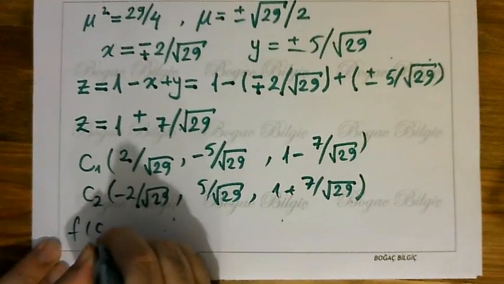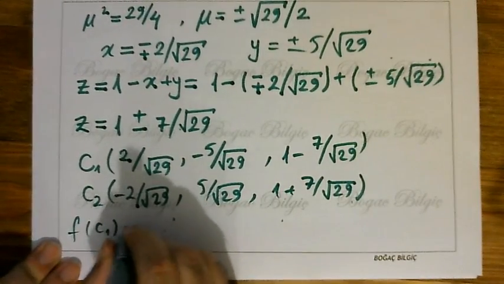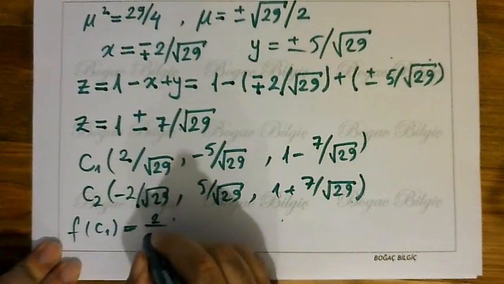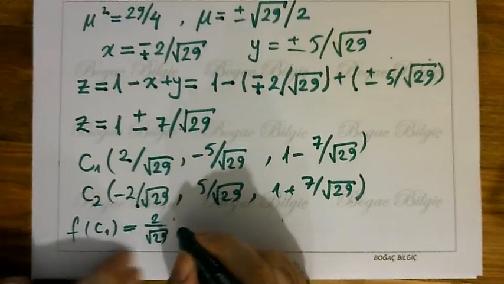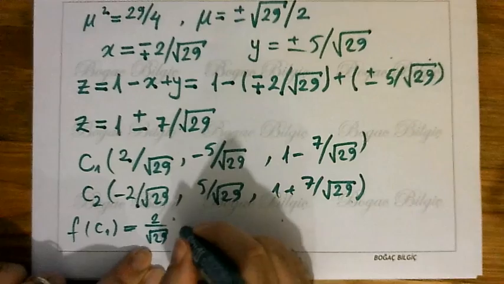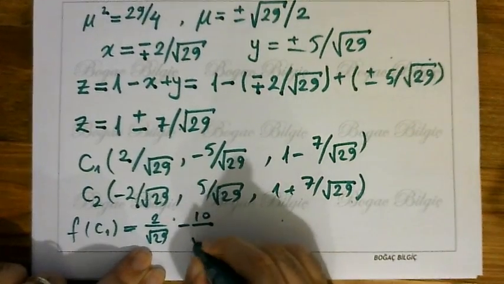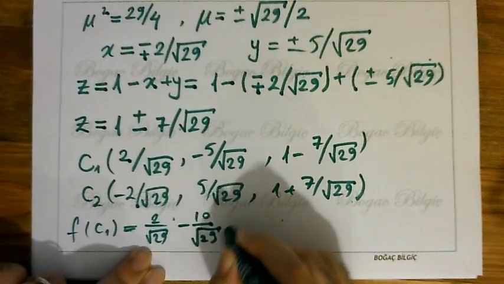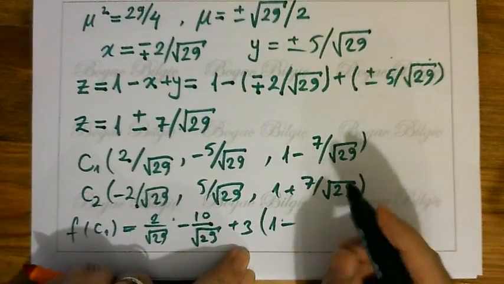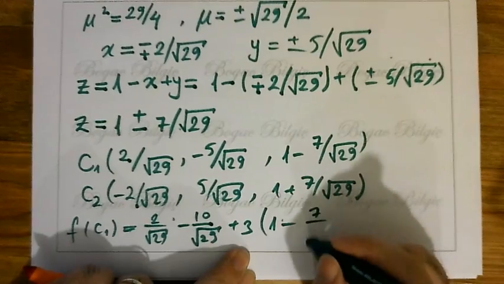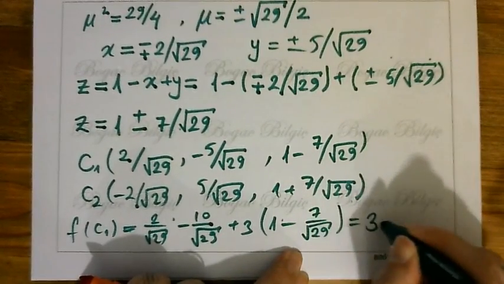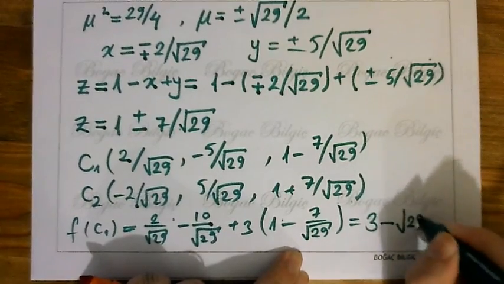f of C1, calculate easily: 2 divided by root 29 minus 10 divided by root 29, and 3 times 1 minus 7 divided by root 29, is equal to 3 minus root 29.